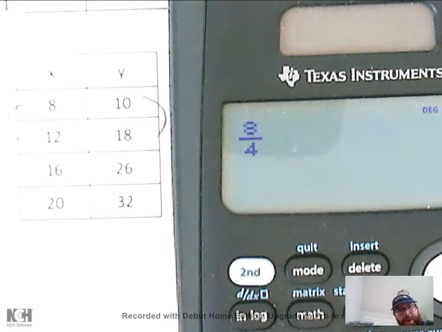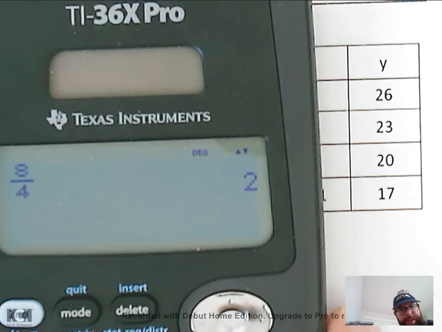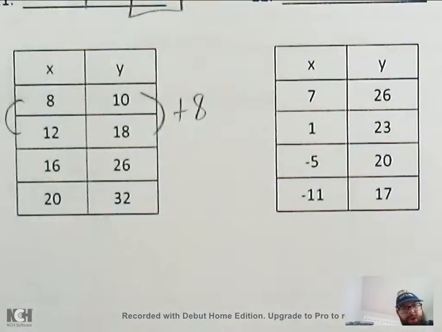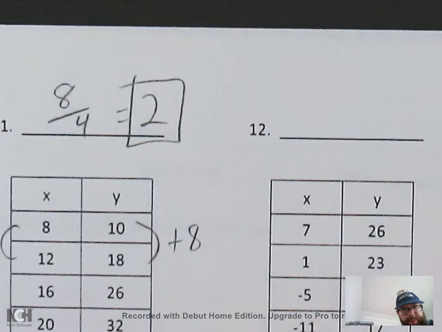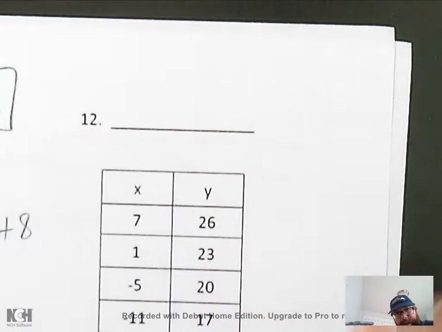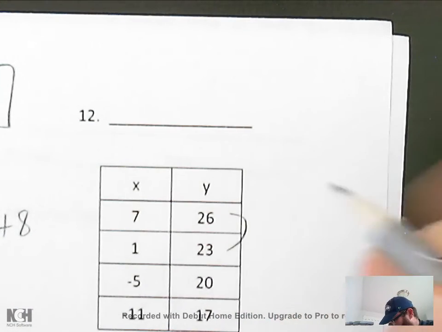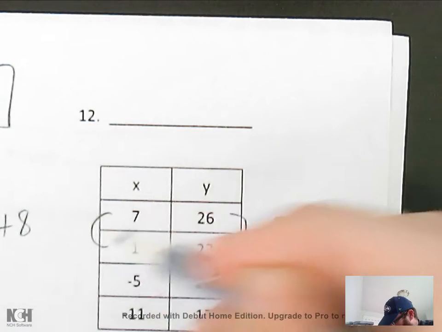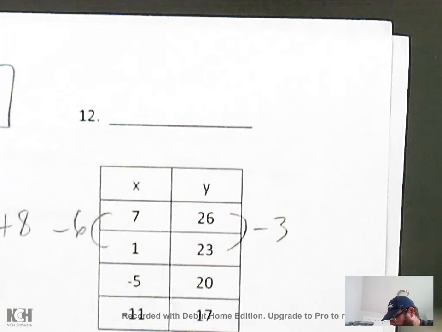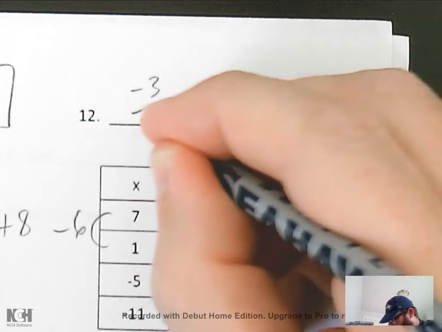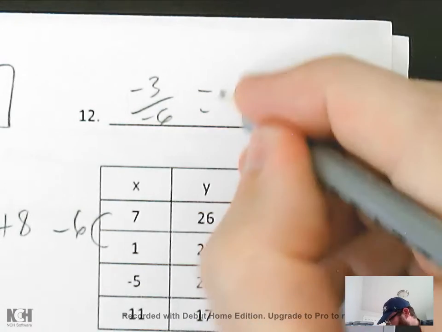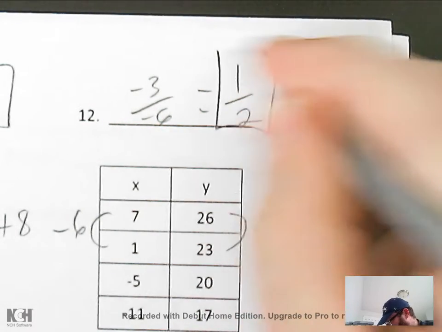You shouldn't get any of these wrong because of this, because it's just going to turn into 2. Okay, or 2 over 1. Okay. Last one here, we go 26 to 23 would be taking away 3. And 7 to 1 would be taking away 6. So it would be negative 3 over negative 6. Which if I put that in my calculator, it's going to spit out positive 1 over 2.